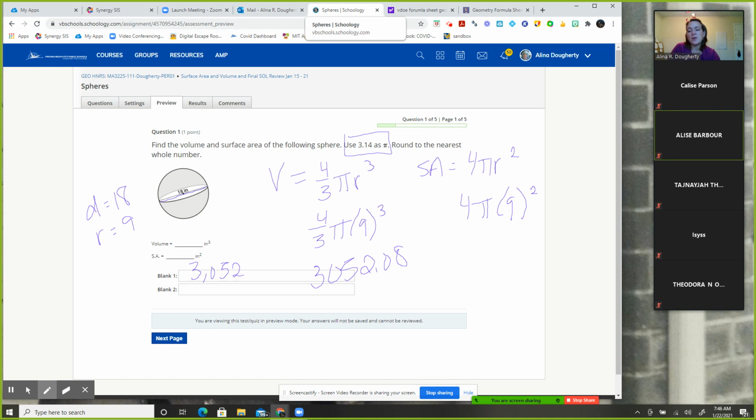So I got about 1/3 of that, 1,017 if we round. Make sure you know how to put them in the calculator, because sometimes knowing how to set it up and then programming the calculator are two different things.